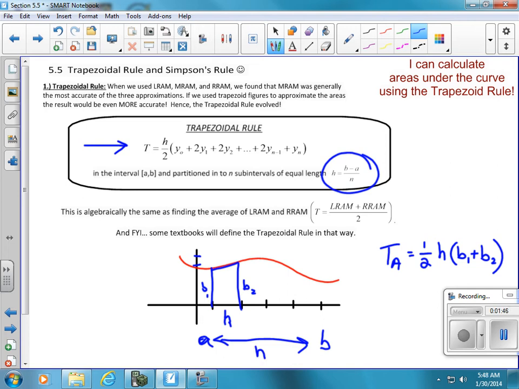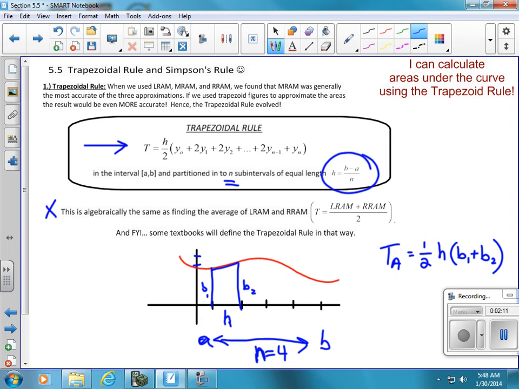In this case we have 1, 2, 3, 4 subintervals, so n equals 4. And then h would equal b minus a over however many subintervals you have.